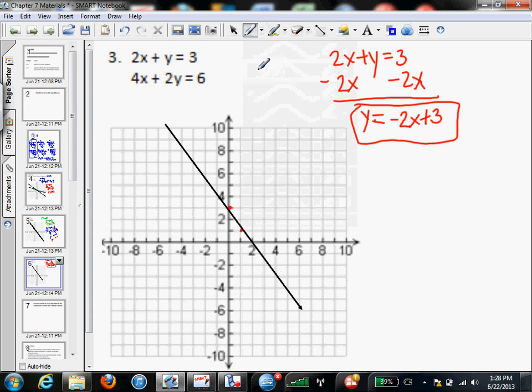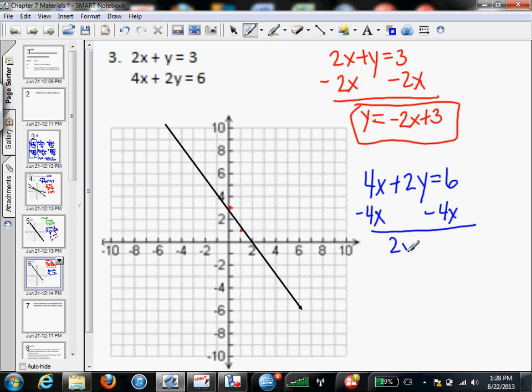Now let's go through and look at the next one. 4x plus 2y equals 6. So let's subtract 4x on both sides. So we have 2y equals negative 4x plus 6.